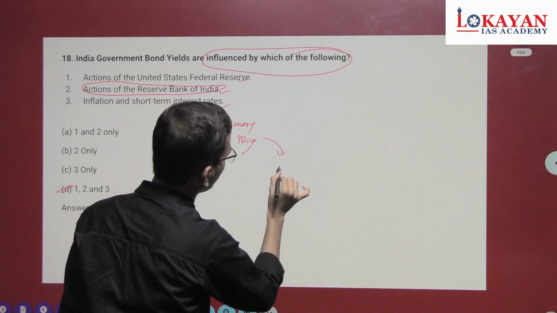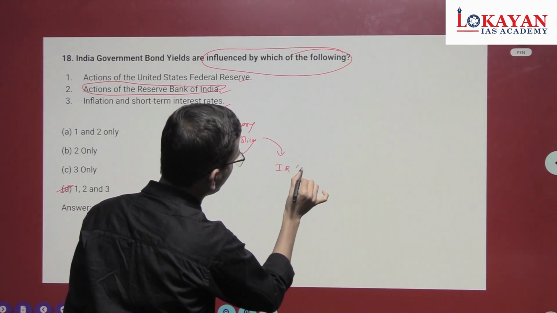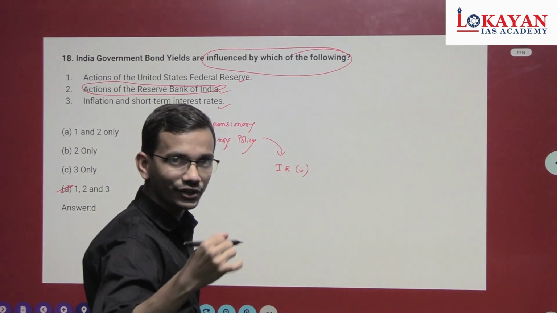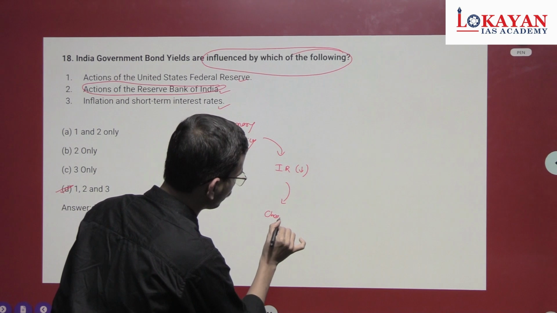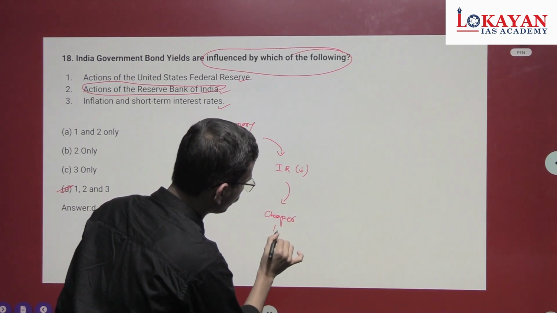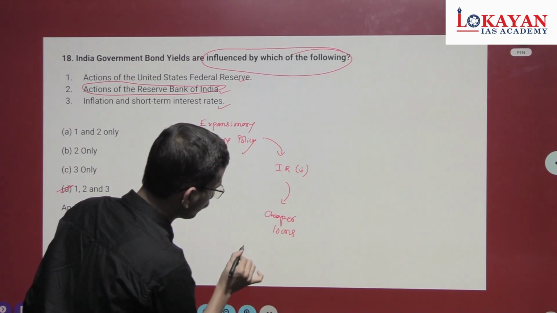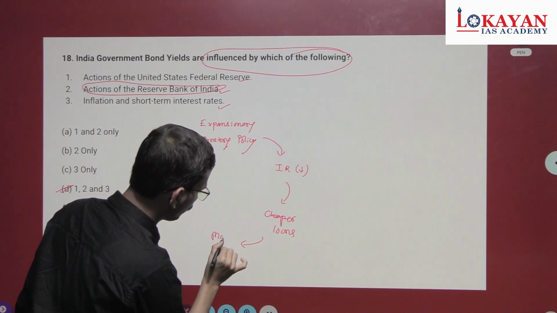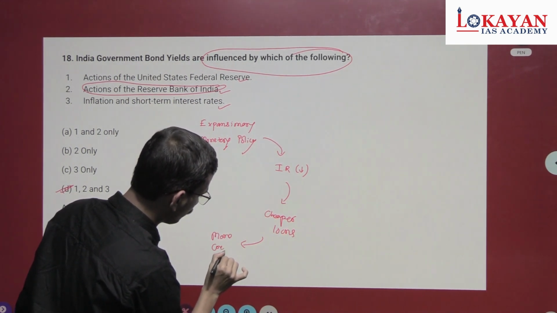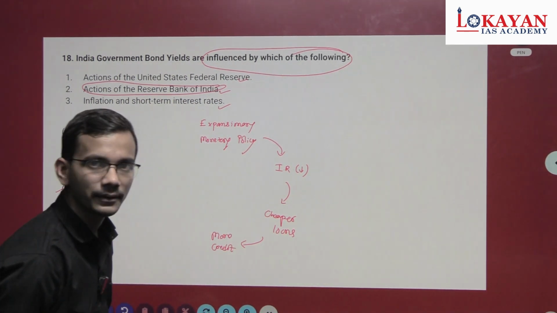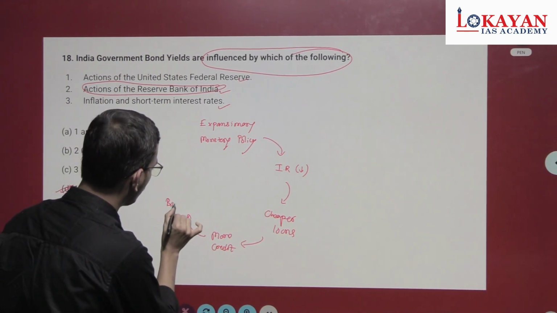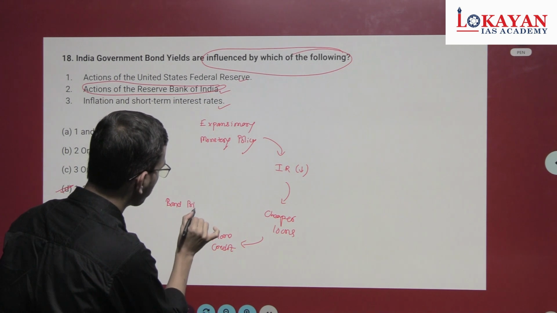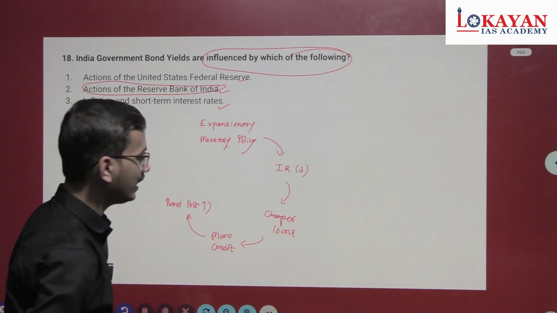Expansionary monetary policy, interest rate reduction, cheaper loans, more credit availability, bond price increases.